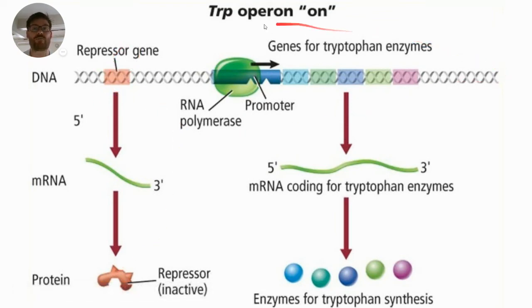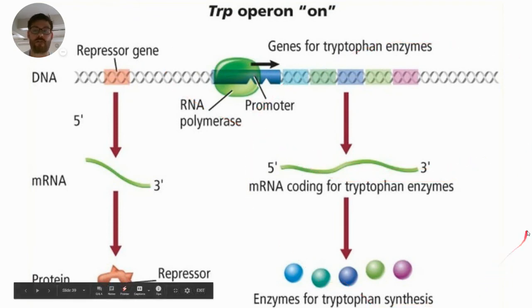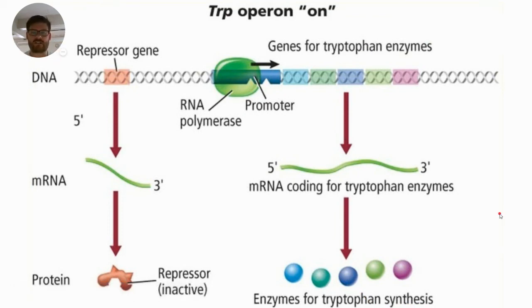And the tryptophan gene, the one that's going to make tryptophan, it's always on. So cells are always producing tryptophan enzymes. What's going to change, though, is that once there's enough tryptophan produced by the cell, once the cell realizes that it has enough, then it's going to turn it off. The internal environment shifts.